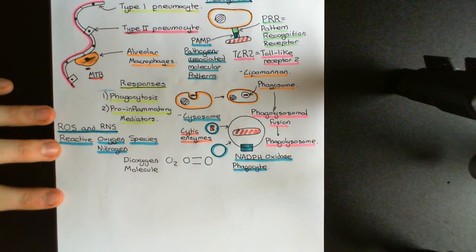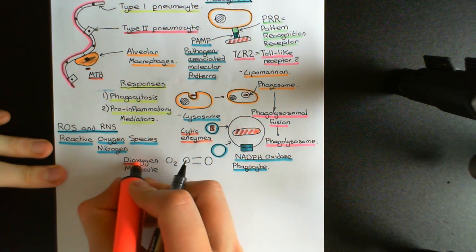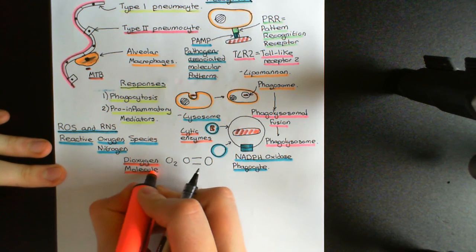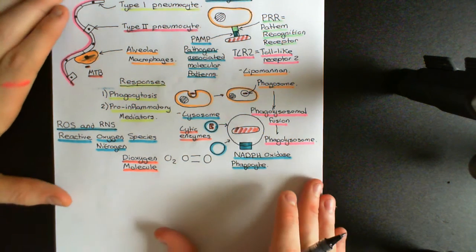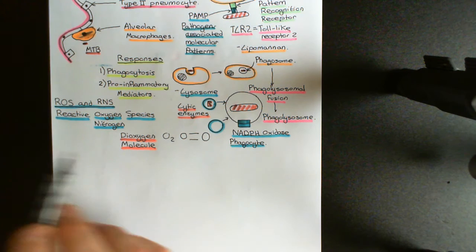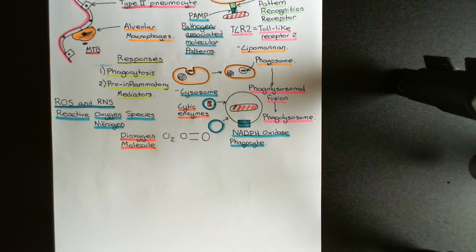So let me just explain how we convert a dioxygen molecule into a superoxide molecule. Let me show you the outer shell electronic configuration of a dioxygen molecule. I'm going to show the outer shell electrons of the oxygen on the left in red, and the outer shell electrons of the oxygen on the right in green.